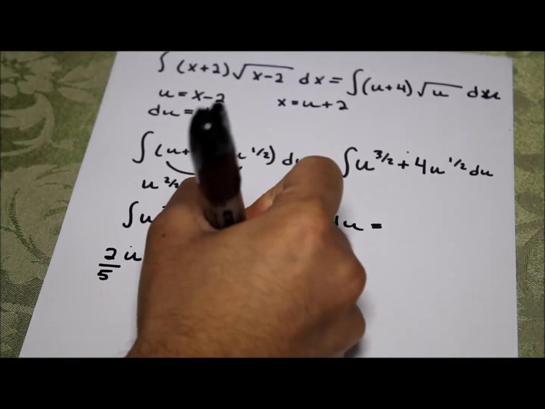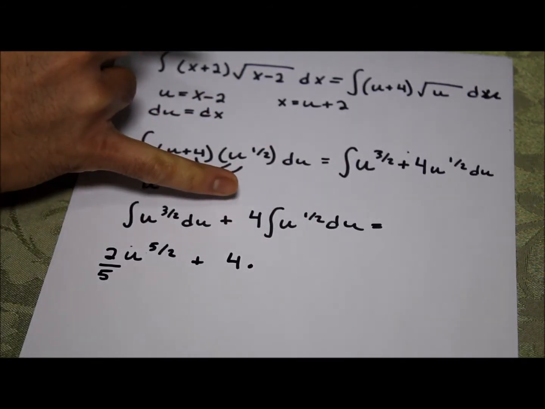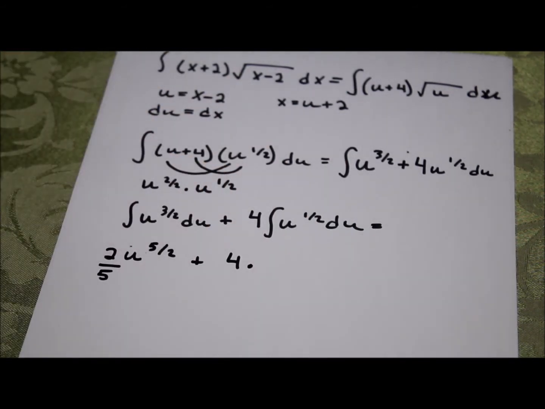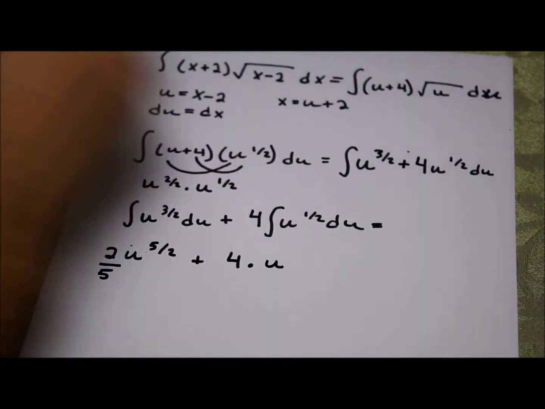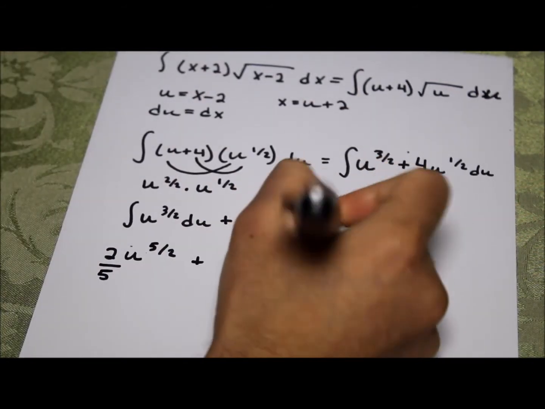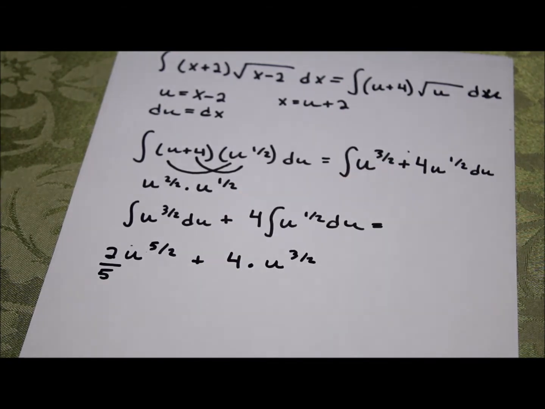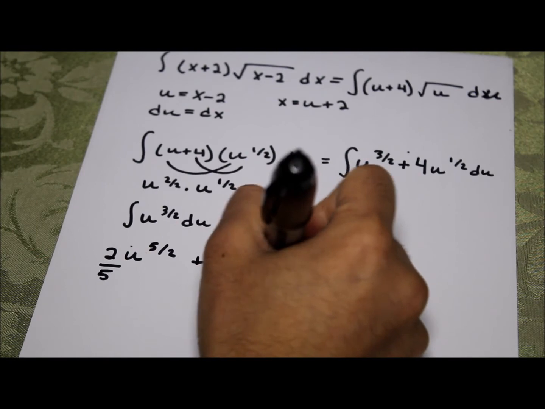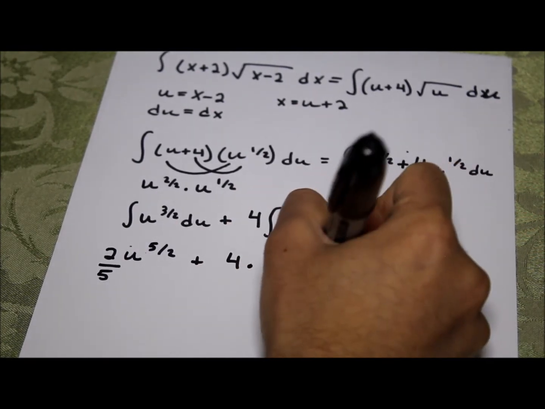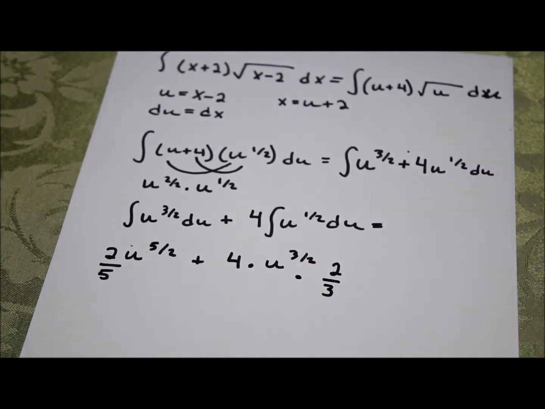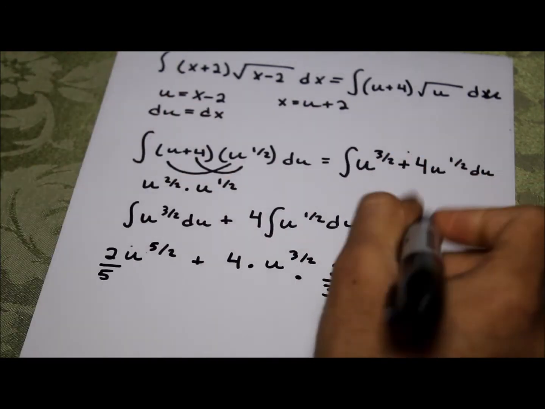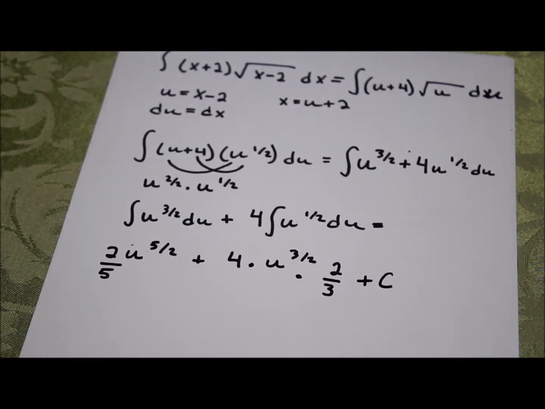Add 4 times, since the 4 is a constant, it just comes over, 4 times u to the half plus 1, so that's u to the 3 divided by 2, and divide by the new exponent, so multiply by the reciprocal, and that would be multiplying by 2 divided by 3. And since this is an indefinite integral, we add a c.